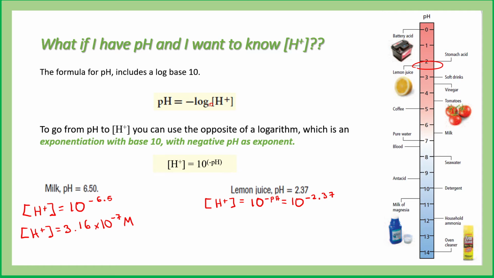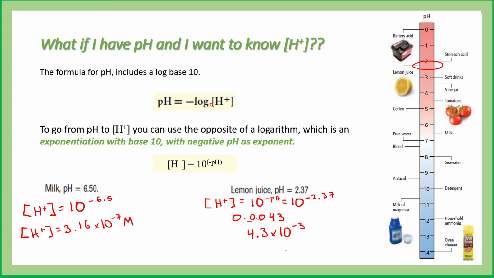And it will be equal to 0.00443. If you transform this into scientific notation, it will be 4.3 times 10 to the minus 3.